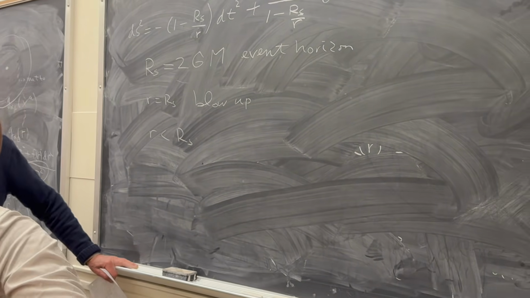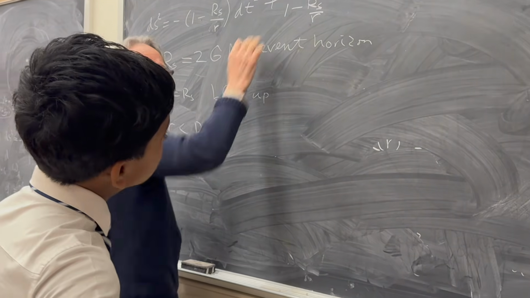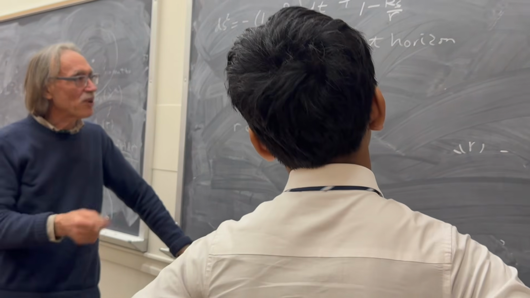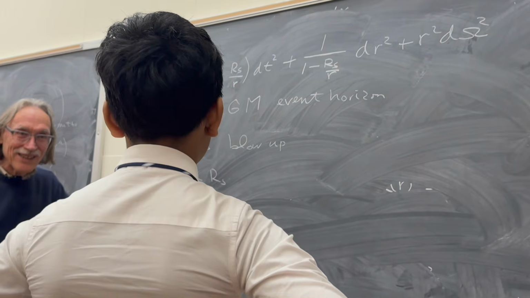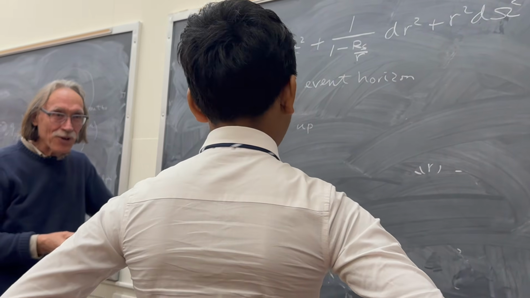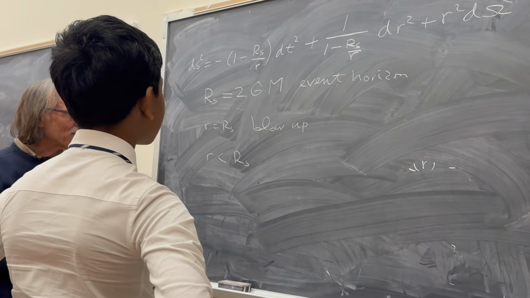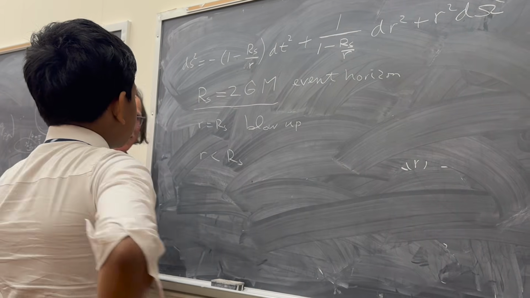In fact, it is not a real problem because we have to change our coordinates. But we cannot discuss that. It's again a complicated story to go to the right coordinates to go through the event horizon.